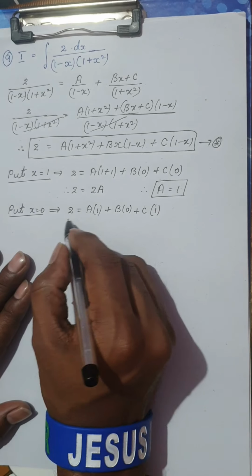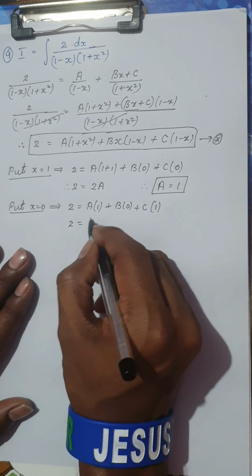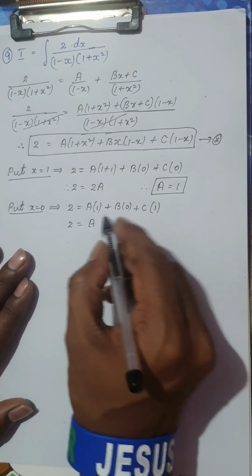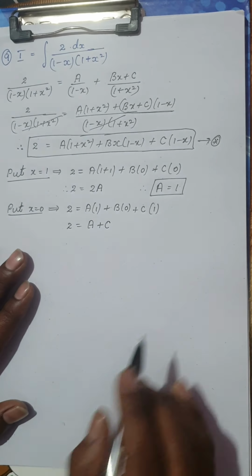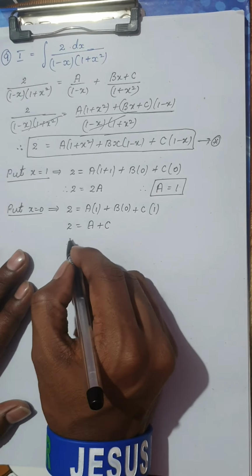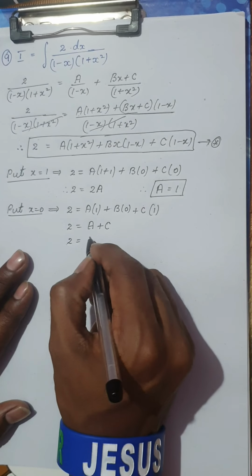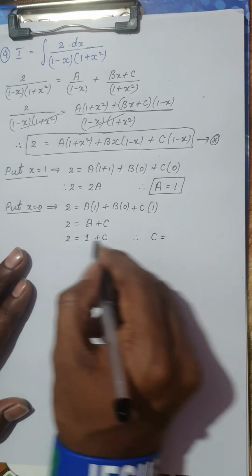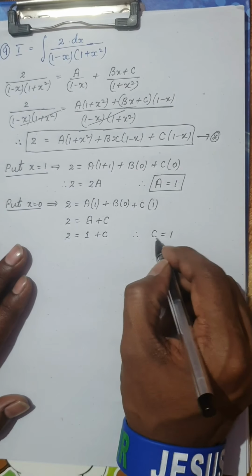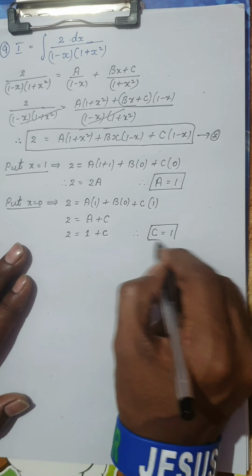Now look here, so 2 is equal to a into 1 which is a, plus c. Now substitute for a here, so 2 is equal to 1 plus c, therefore c is nothing but 2 minus 1, so c would also be 1.